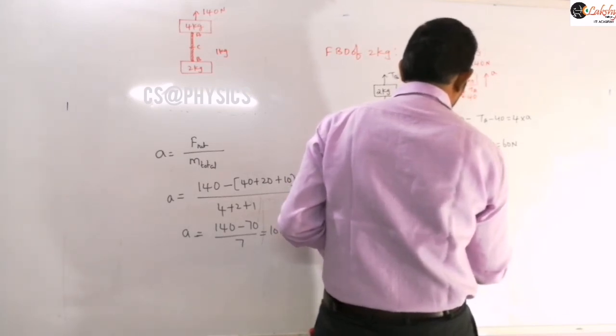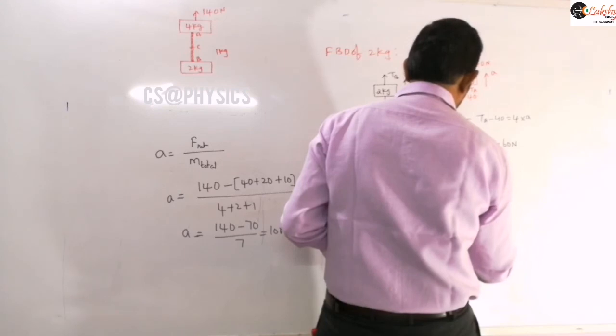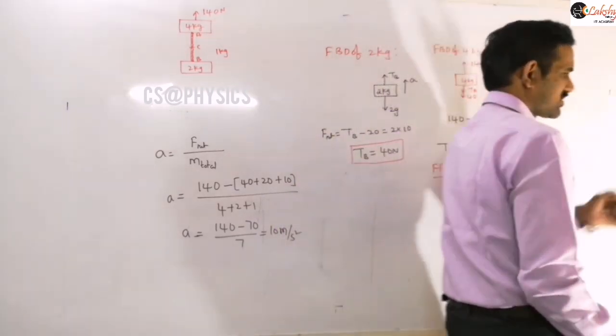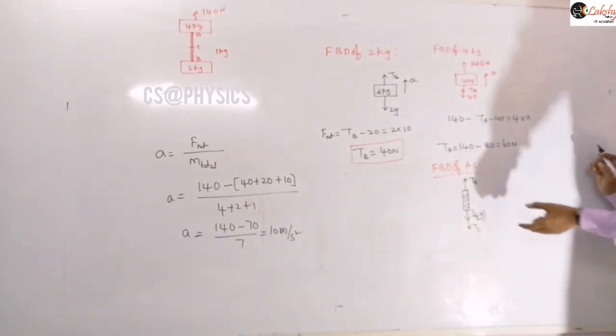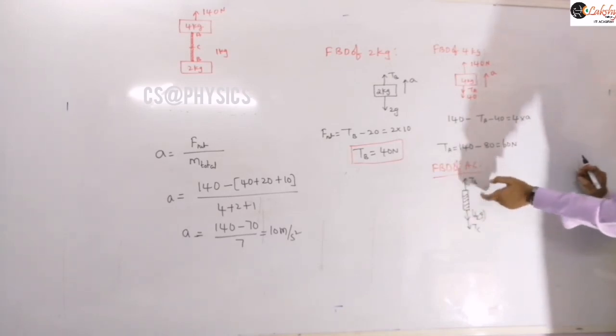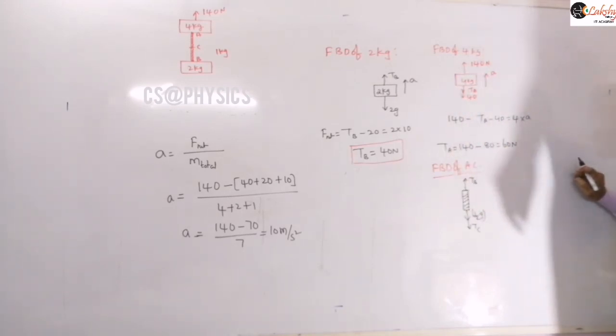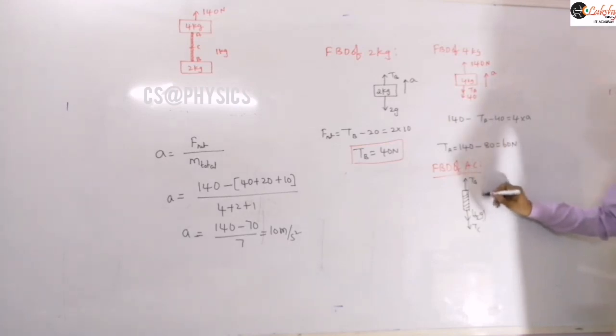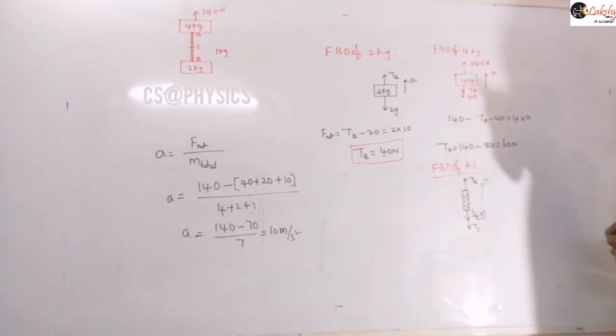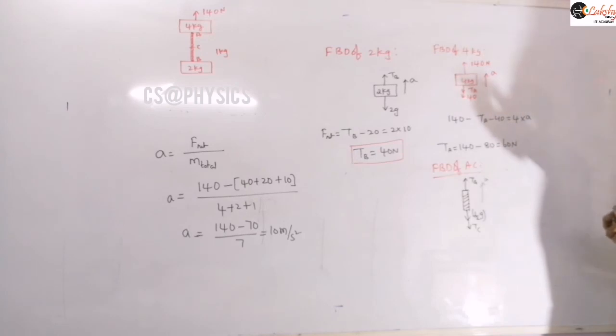Here the weight will be half g, because the total mass is given as 1 kg, and the weight of this half part will be half into g. Under the action of these forces, this part is also accelerating in the upward direction.